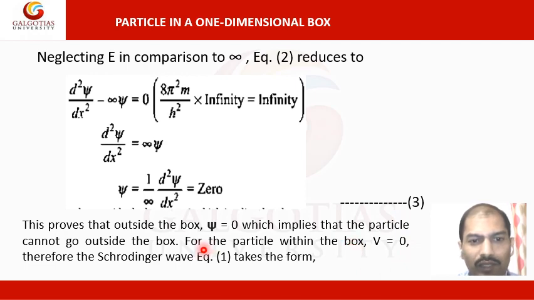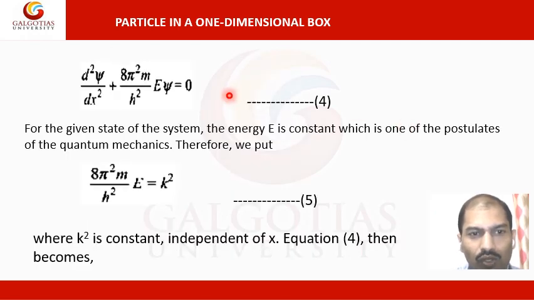For the particle within the box, V equal to 0. Therefore the Schrödinger wave equation takes the form d square psi upon dx square plus 8 pi square m upon h square into E psi. For the given state of the system, the energy E is constant, which is one of the postulates of quantum mechanics.